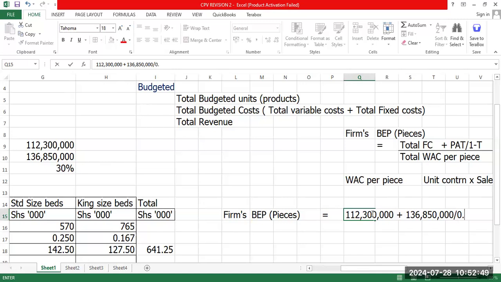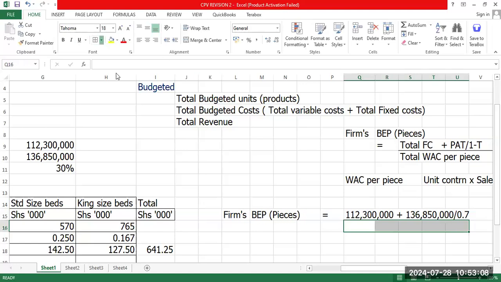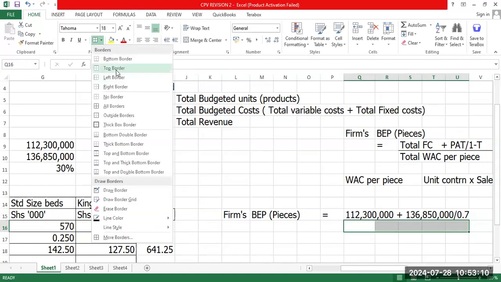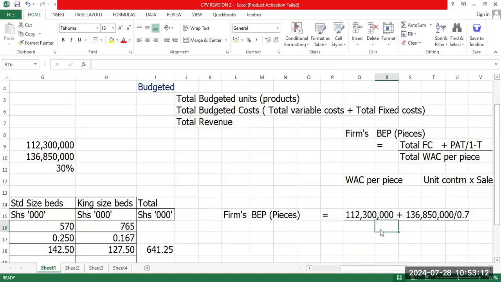We divide it by 0.7 because 30% is 0.3. Then you get 1 minus 0.3, you get 0.7. Then the answer you get, divide it by our total work per piece.